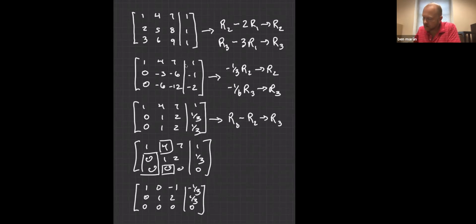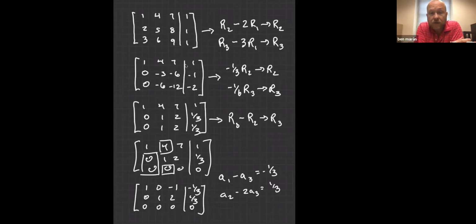Okay, so what this tells me is that A1 minus A3 needs to be -1/3, and that A2 minus 2A3 needs to be +1/3. I have a system of 2 equations but 3 unknowns.